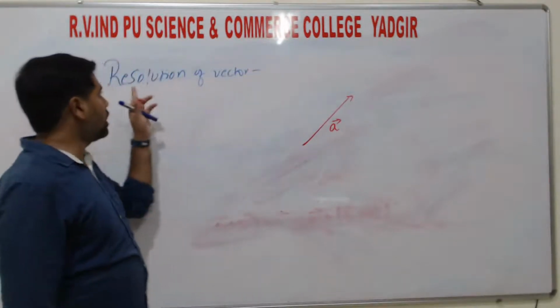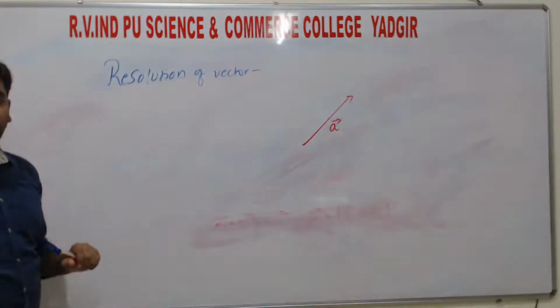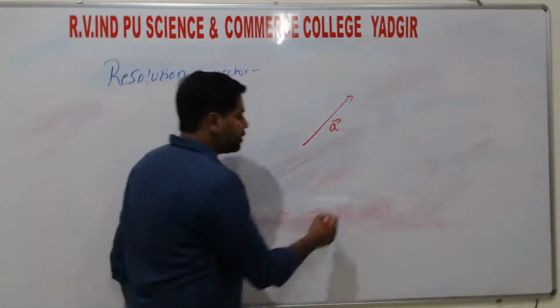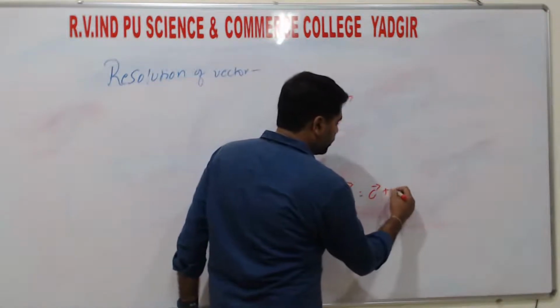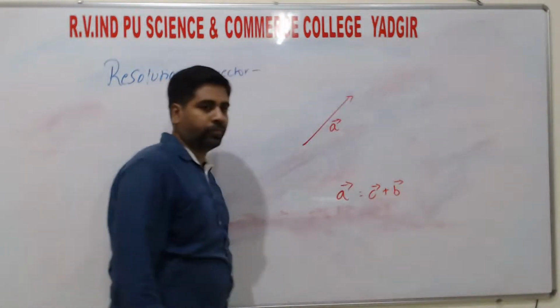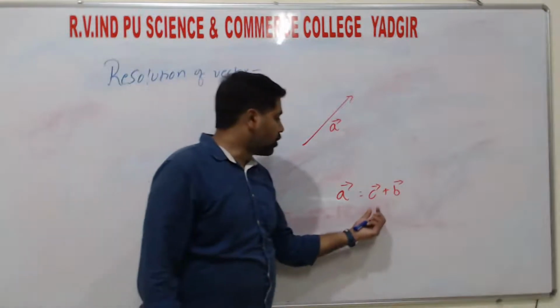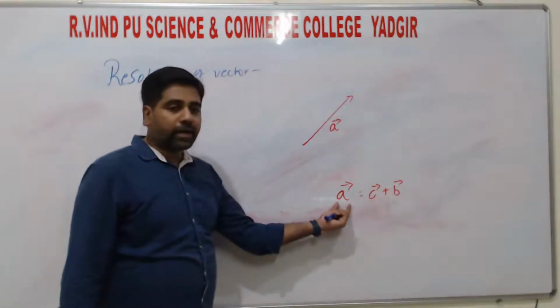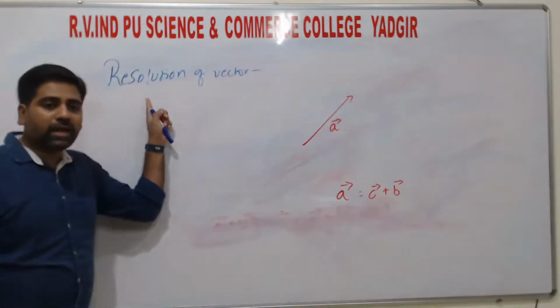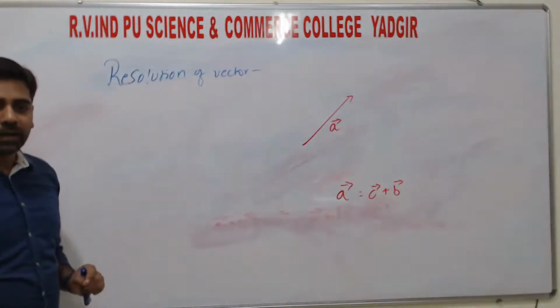That one we call resolution of vector. So we can split vector A as vector C plus vector B. Then we call vector C and vector B the components of vector A. That process we call resolution of vector.